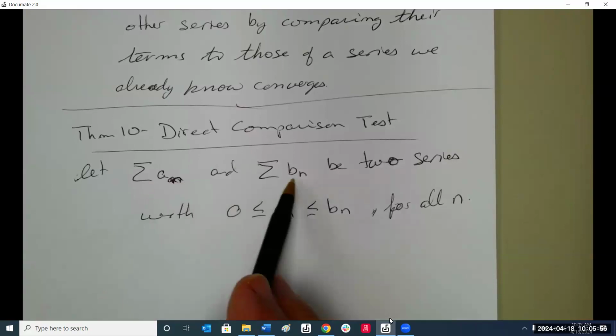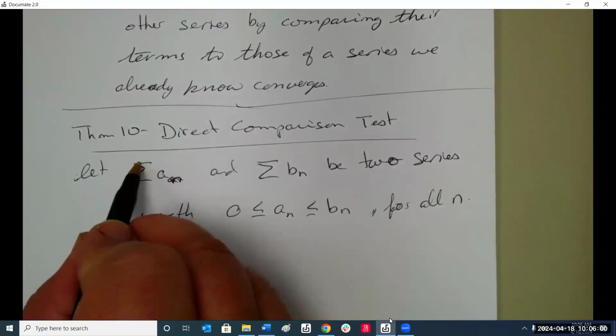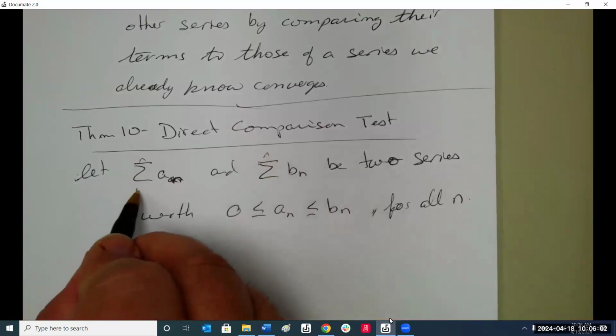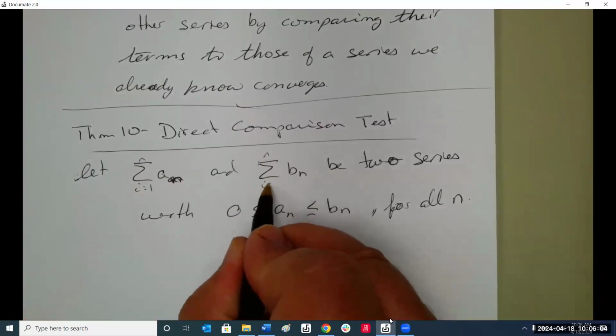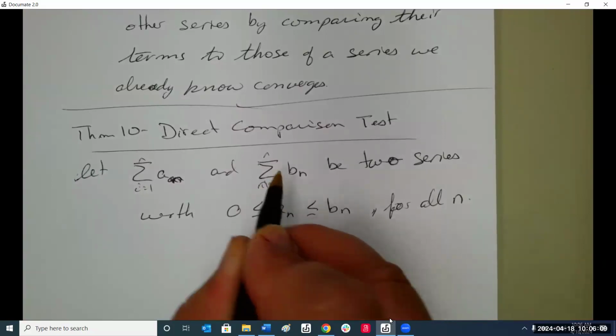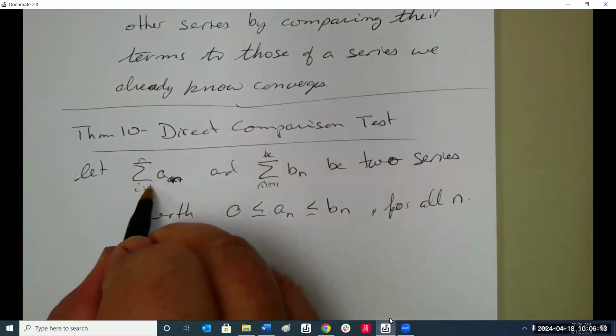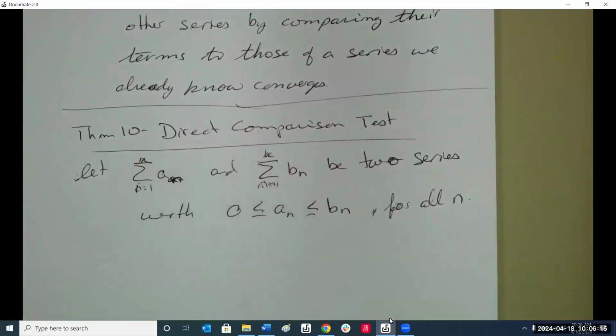So these series can be finite or infinite, with n going from 1 to k.